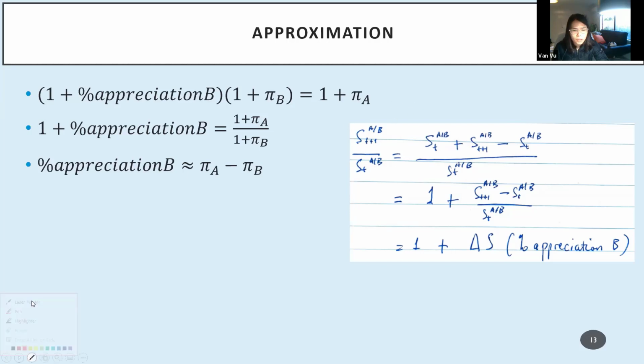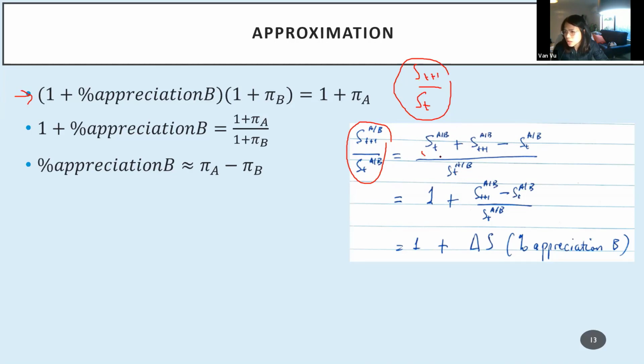So what we have here is from the previous equation, right? So we've got S t plus 1 divided by S t. From there, we want to go to this equation, okay? So for this ratio, S t plus 1 divided by S t, I can rewrite it as S t plus 1 minus S t, divided by S t.